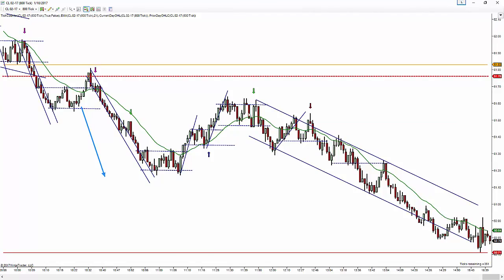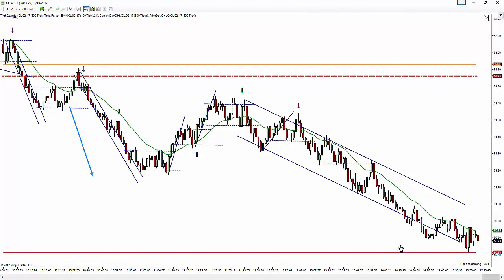Here's a range, pulls up, pulls back, and then goes lower, attempts to come up again, pulls back, lower, and then every time it tries to pull back, it just moves lower, continues to move lower to the end of the day.